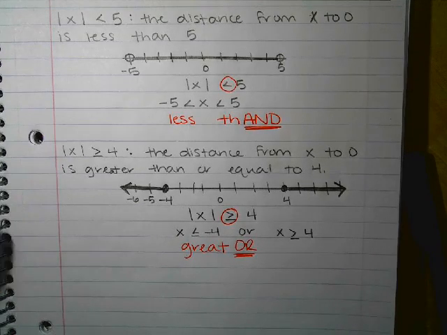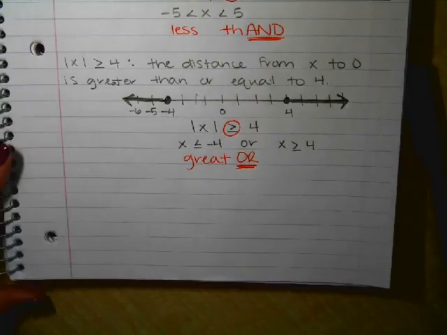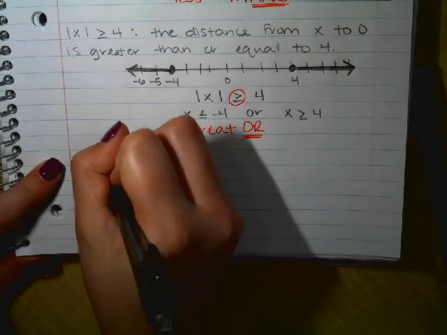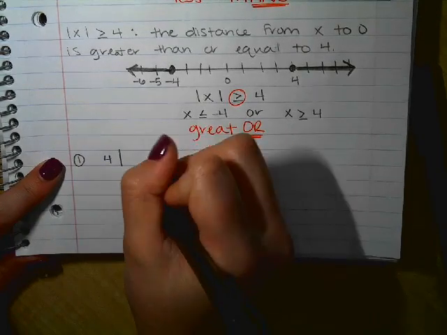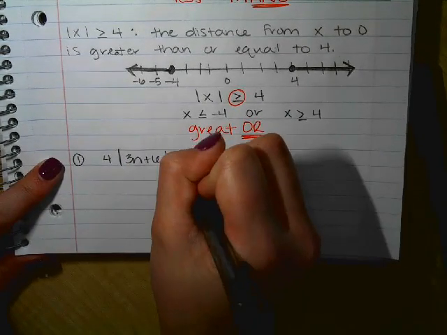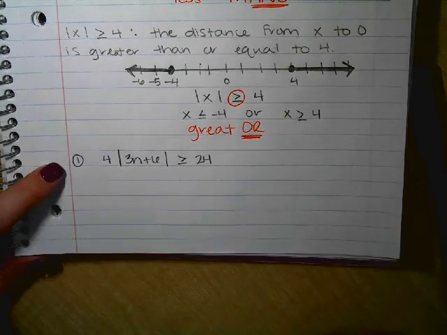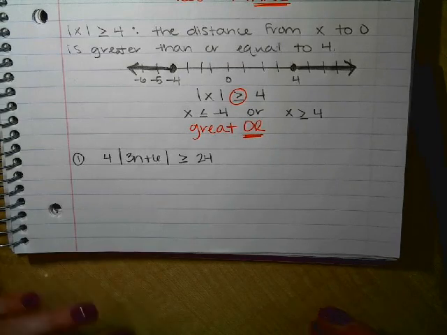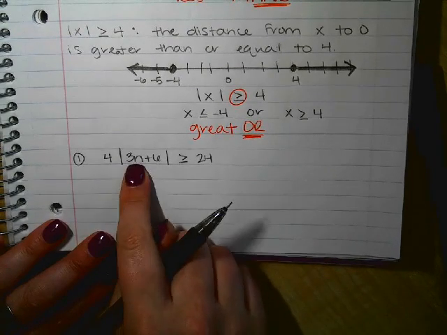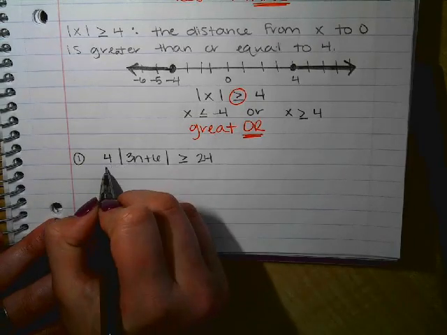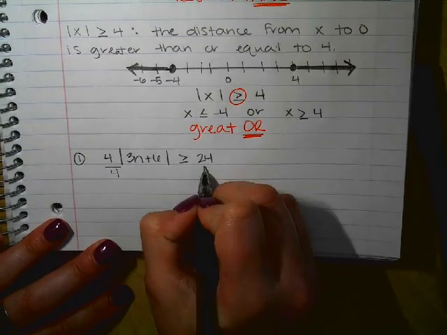Let's do our first example problem. We have 4 times the absolute value of 3n plus 6 is greater than or equal to 24. Just like when solving equations, our first goal is to get the absolute value sign completely by itself. So my first step is to divide by 4.